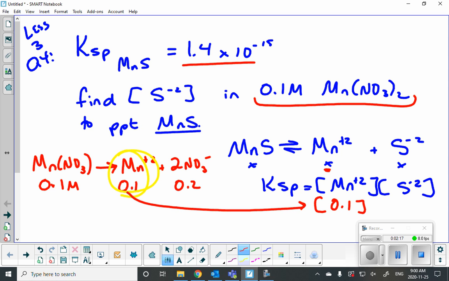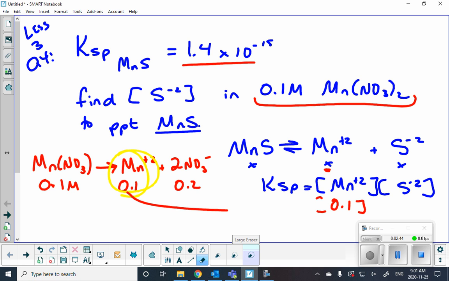So even if we calculated it out and added it together, and solved this using a quadratic equation, this value would have worked out to 0.1000000 something. It would have like 7 zeros, and significant digits would have rounded that out. So in effect, because this manganese nitrate was so soluble, it provided all of the manganese.